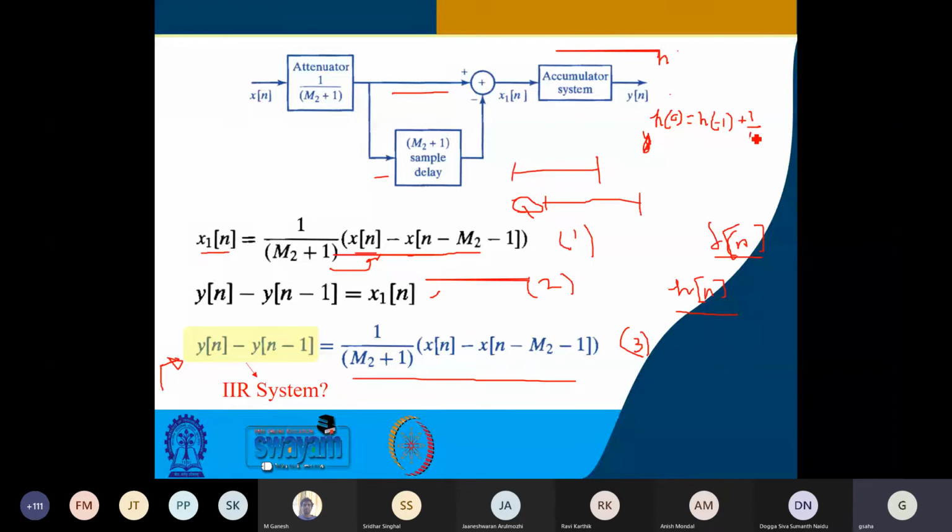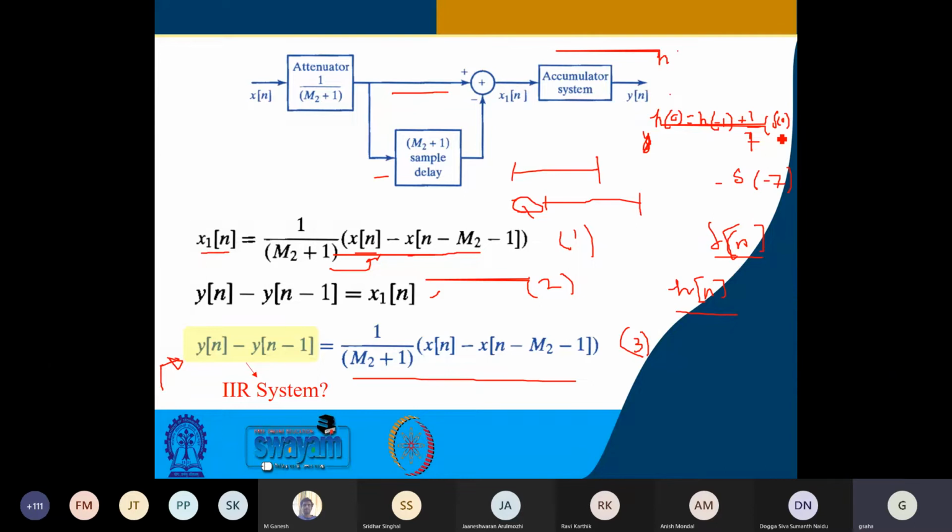If I consider m to be some value, say 6, just for the understanding, but later on you can remove it, say 1 upon 7, then del 0 minus del, this is 0 minus 7.